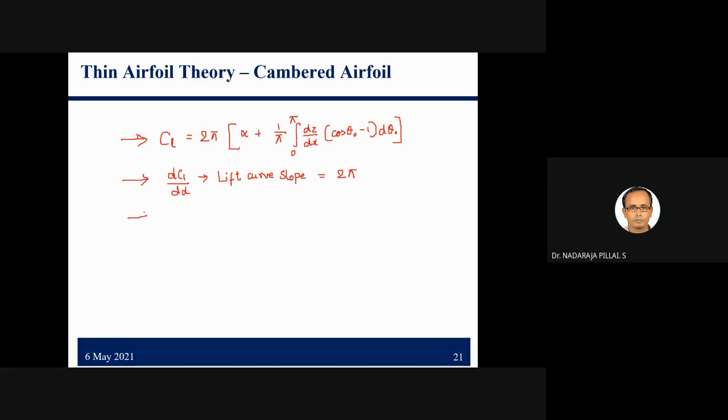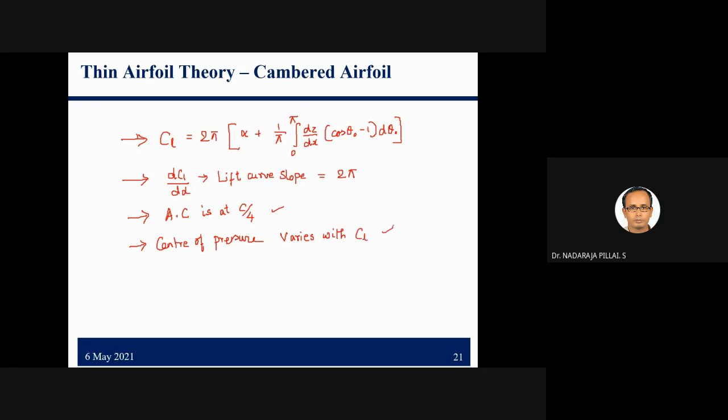And I write the third point as aerodynamic center. The aerodynamic center is at quarter chord point. I recommend you to verify this. Then the center of pressure, which varies with CL.